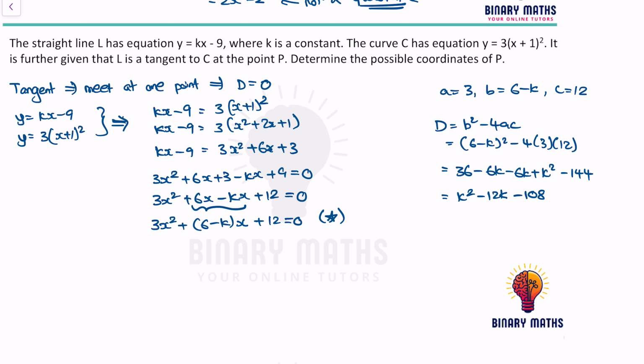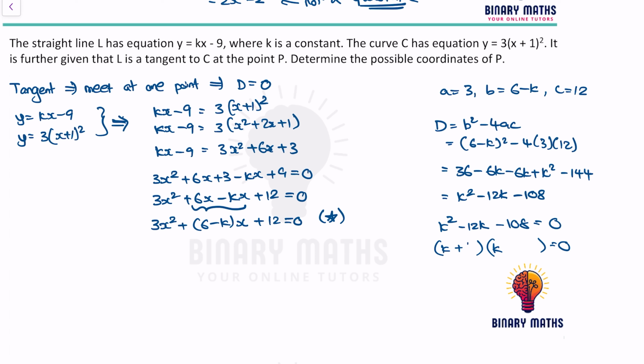That is equal to 0. So that means k squared take away 12k take away 108 is equal to 0. If I factorize this, I want two numbers that multiply to give negative 108, add to give negative 12.